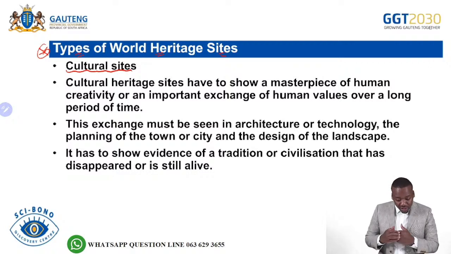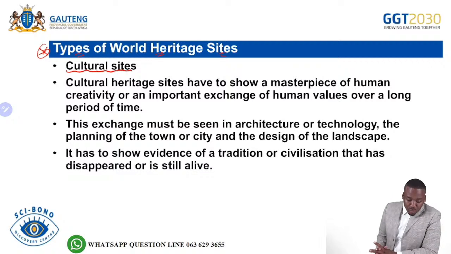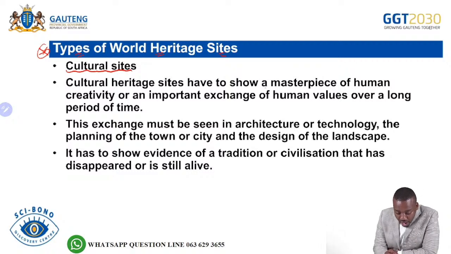So what are cultural heritage sites? According to UNESCO, cultural heritage sites have to show a masterpiece of human creativity or an important exchange of human values over a long period of time.